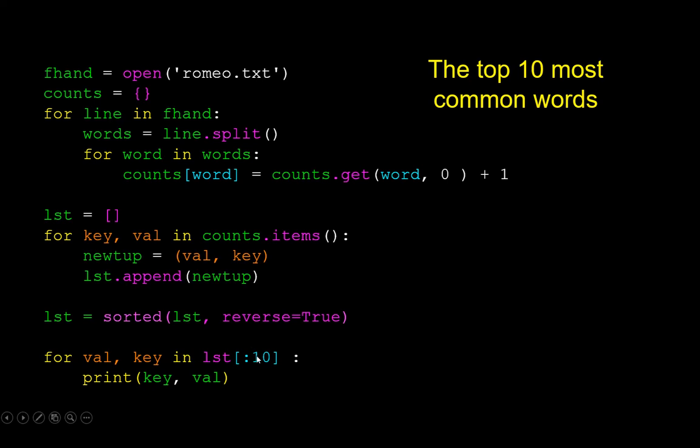So we're going to get the value and the key, and we're going to print them. Again, here we're going to do the key and value, so we're going to reverse it here again. So we will have the top 10 most common words in that file that we opened.